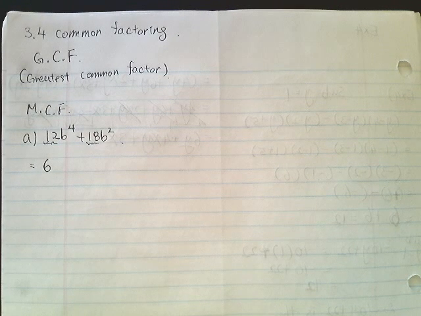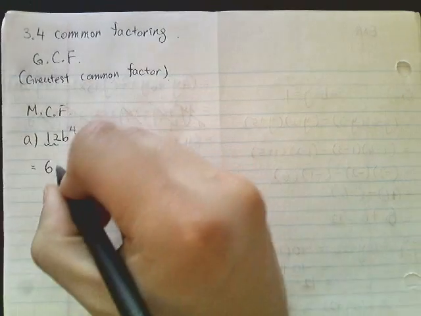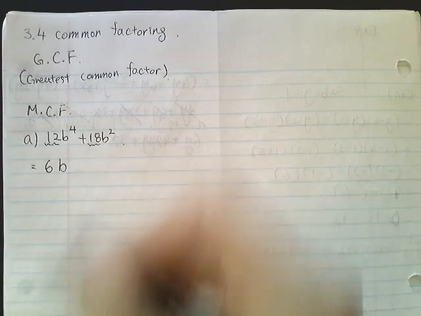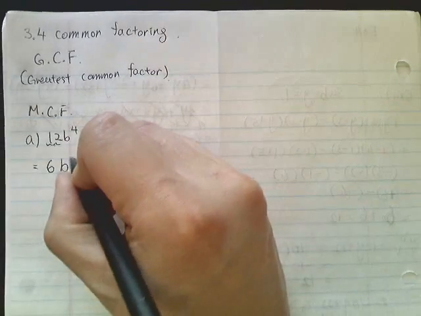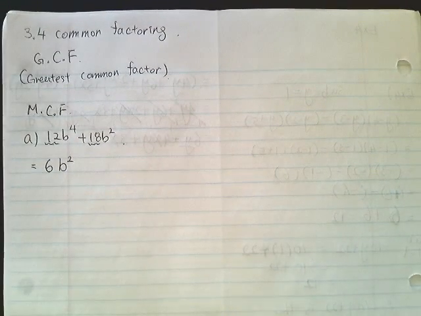Now for the b squared and b to the power of 4, when you're dealing with variables with exponents, always the greatest common factor is the same base with the least exponent, which is 2 in this case.